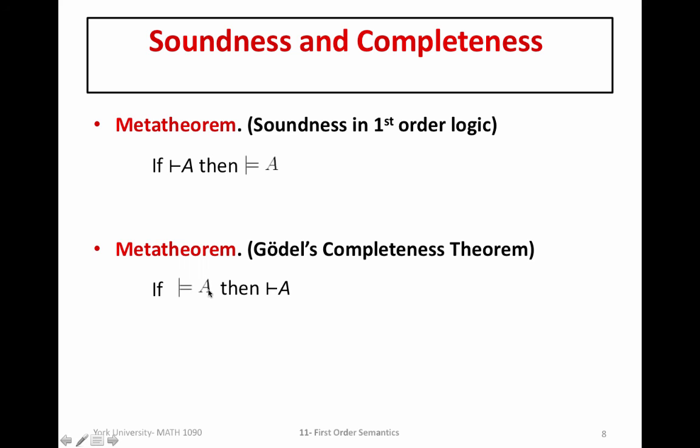To consider every possible interpretation is nearly impossible. So this isn't as useful as the completeness of propositional logic, yet Gödel was able to prove that every universally valid formula A can be proven in predicate logic. There's also Gödel's incompleteness theorem, which we may talk about on the last day, but formally for our course, we'll just be sticking with this statement here.